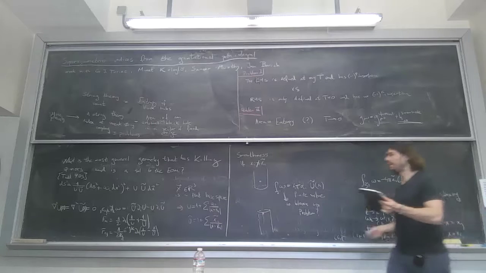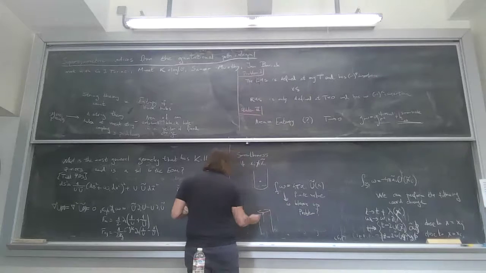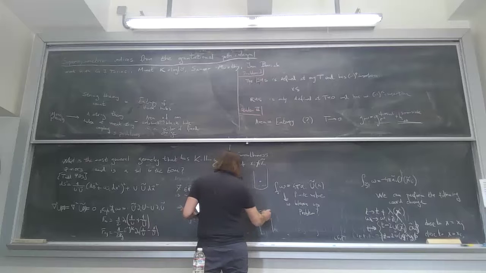So here phi is the angular direction. So you take the circle, phi is the angular direction that parametrizes the circle.